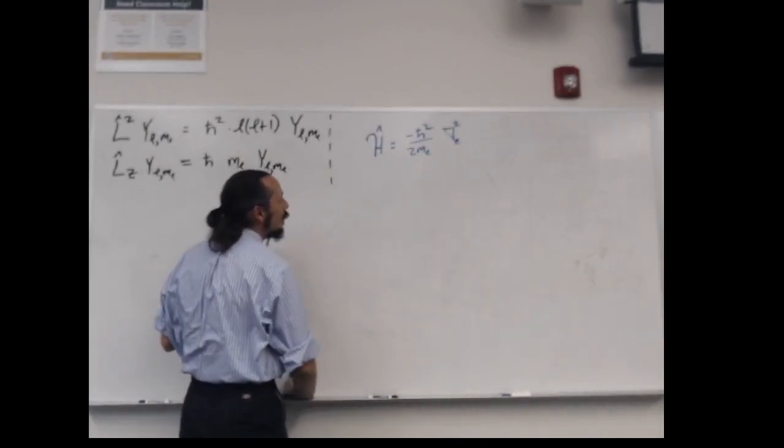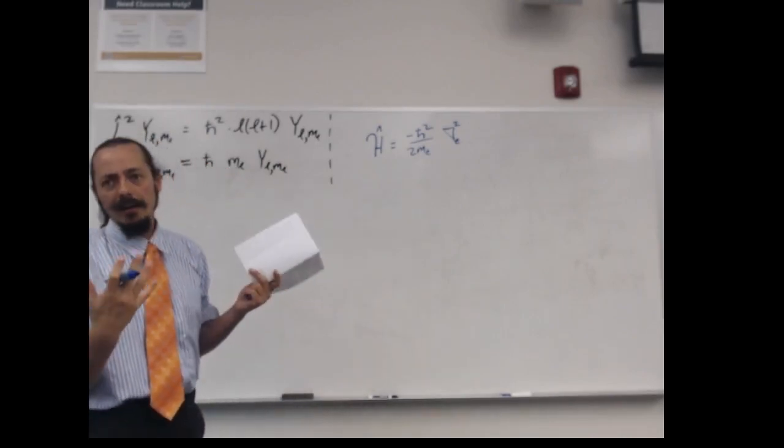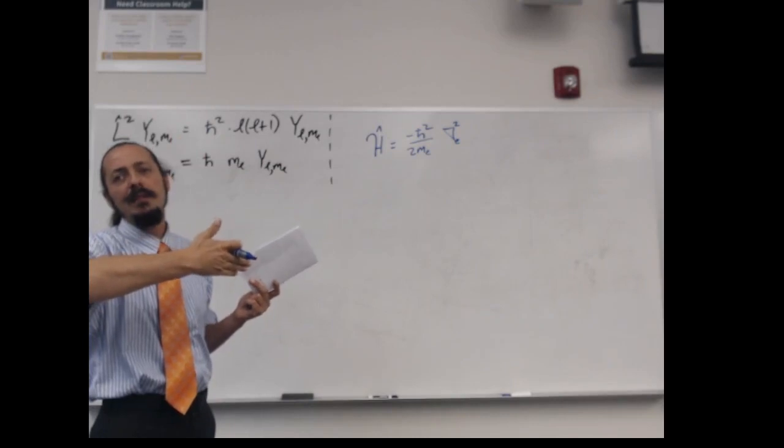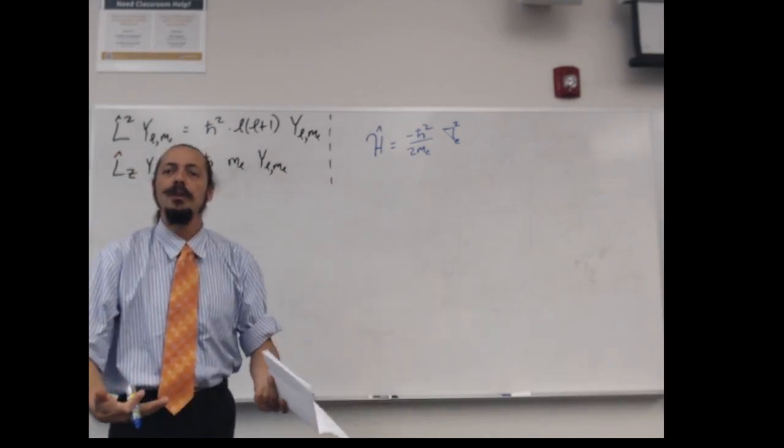Del squared is pretty much d by dx squared plus d by dy squared plus d by dz squared. It's a three-dimensional derivative function.